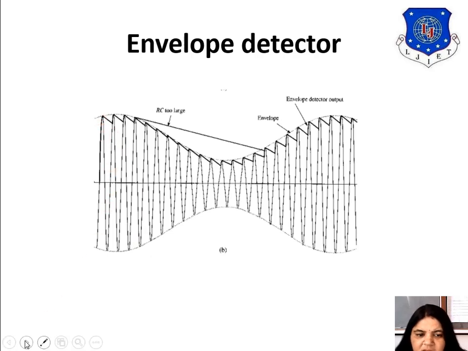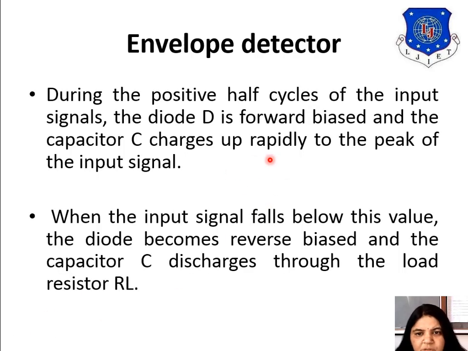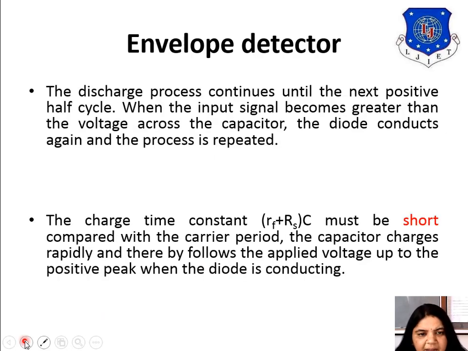When the input signal falls below this value, the diode becomes reverse biased, and when the diode is reverse biased, the capacitor discharges through the load resistance RL. So the discharging process continues until the next positive half cycle.